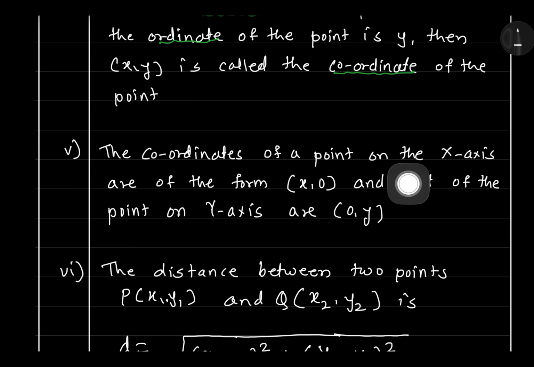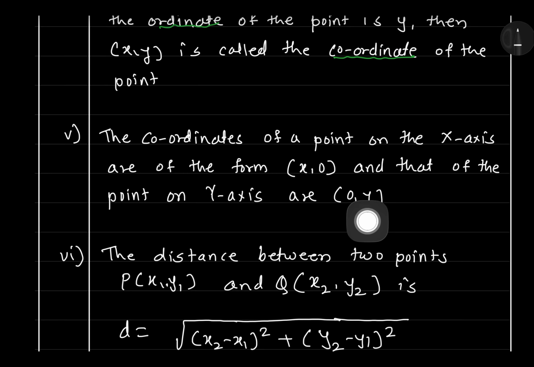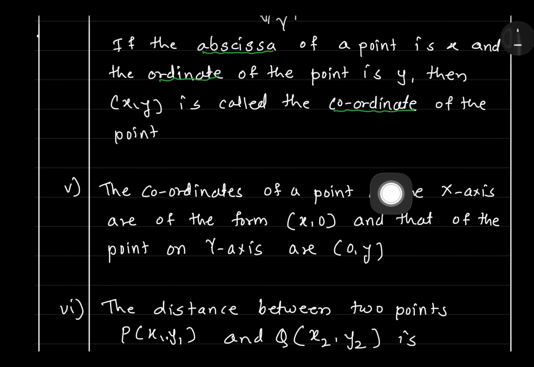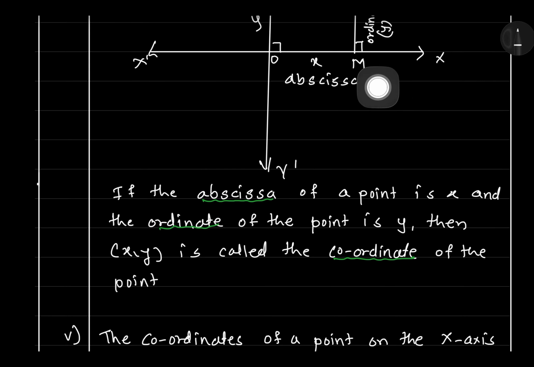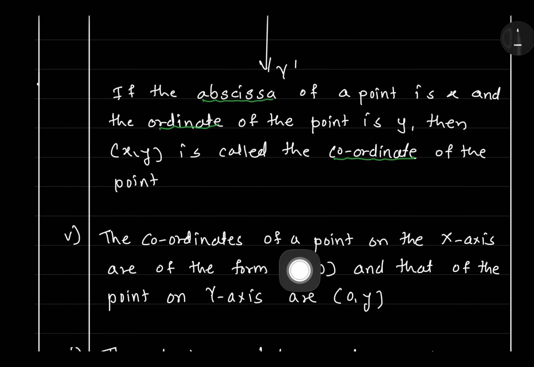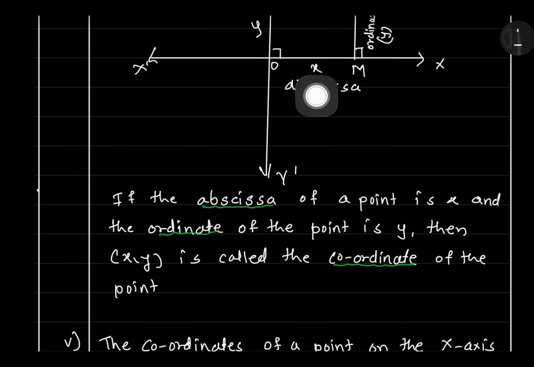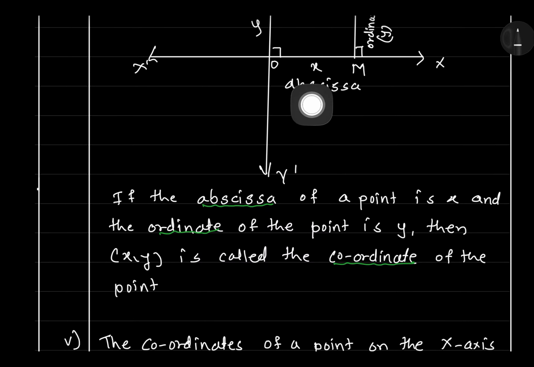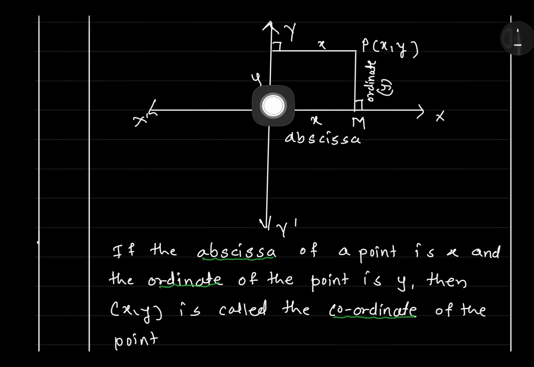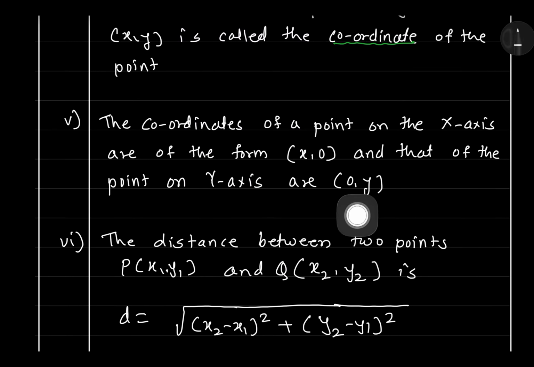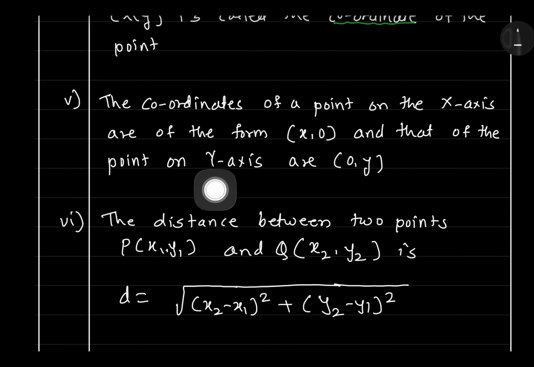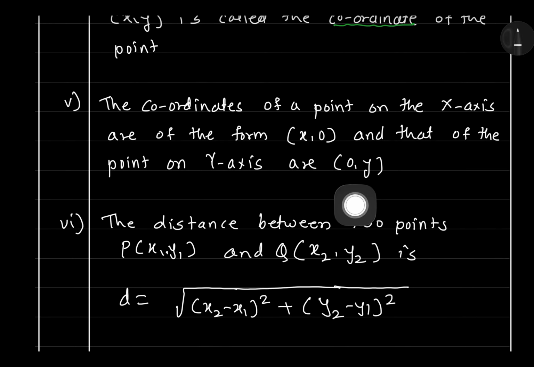The coordinates of a point on the x-axis are of the form (x, 0), and those of a point on the y-axis are (0, y).